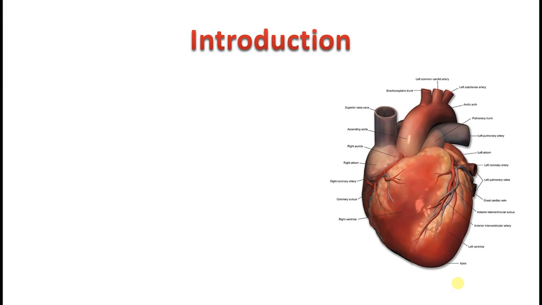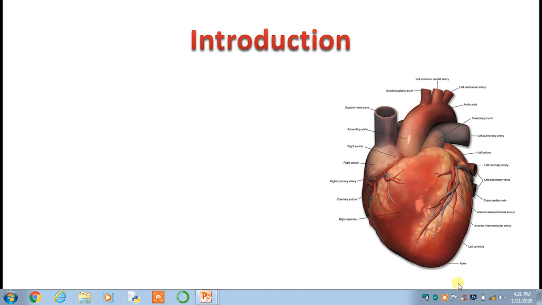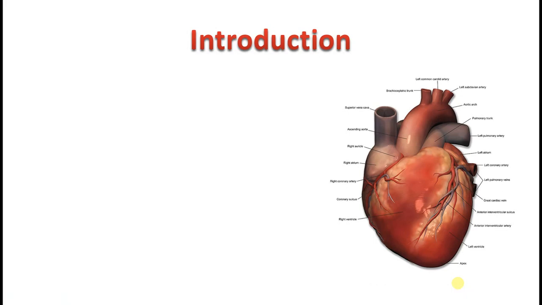Basically, the heart is about the size of one's own fist. We call it a muscular organ because it pumps the blood to the different parts of the body. The main structure is the heart muscle, which is very vital for the functioning of the heart.